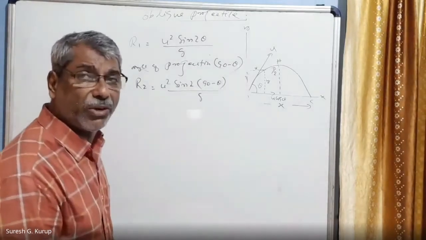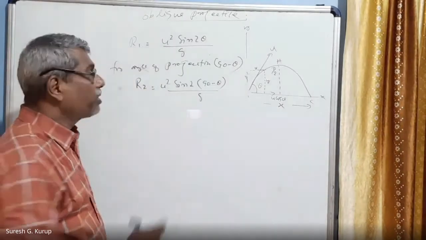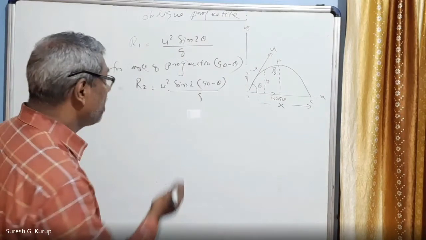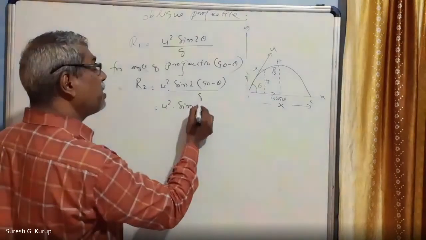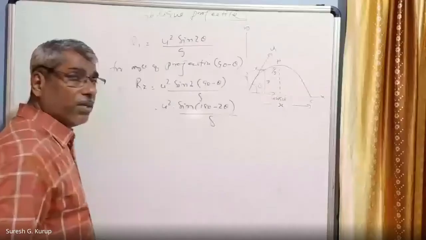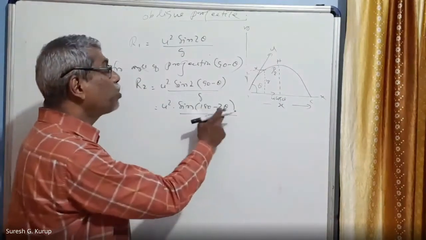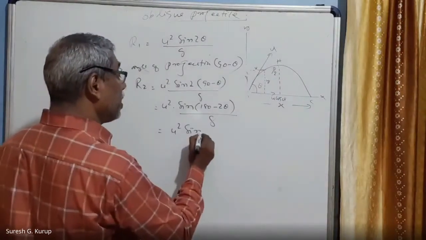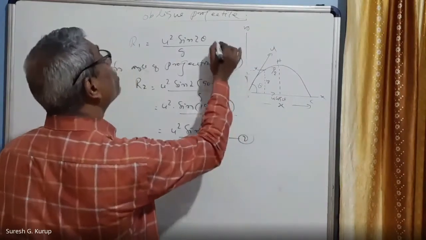This is the horizontal range for theta angle of projection, and this is the horizontal range for 90 minus theta as the angle of projection. This is equal to u square into sine of 180 minus 2 theta, the whole divided by g. Sine of 180 minus theta is equal to sine theta. Therefore, sine of 180 minus 2 theta is again sine 2 theta. That is, this is equal to u square sine 2 theta divided by g. This is equation number 2 and this is equation number 1.